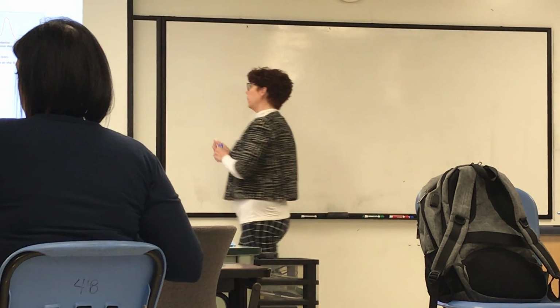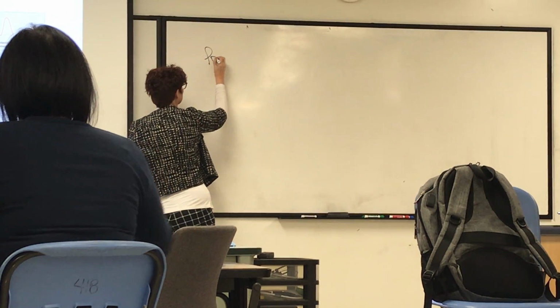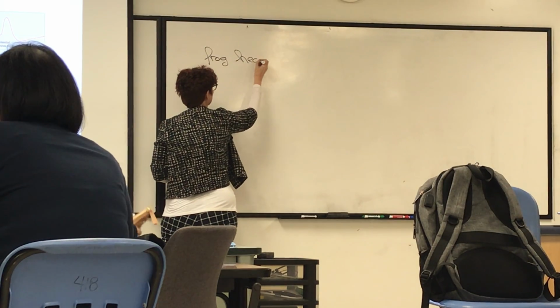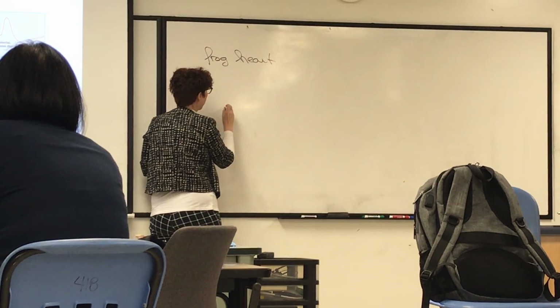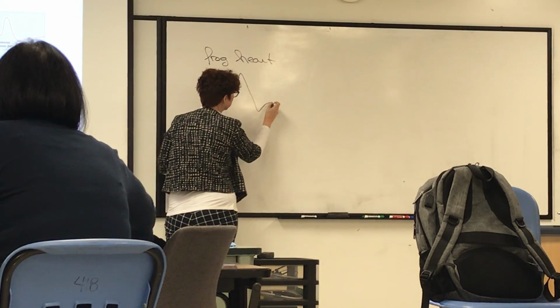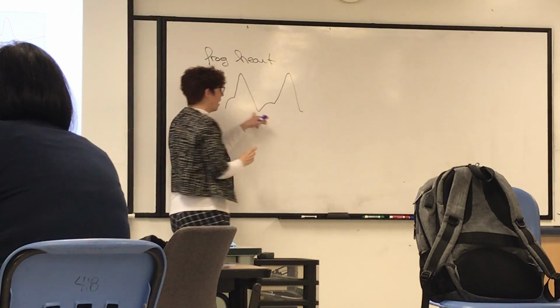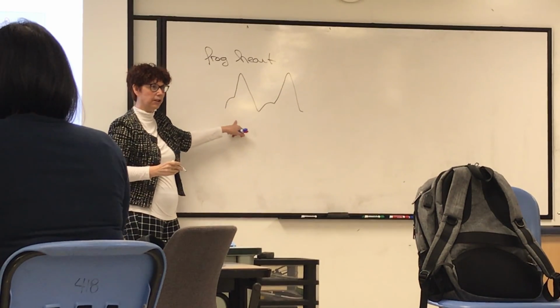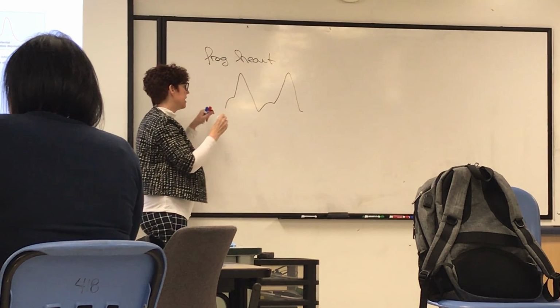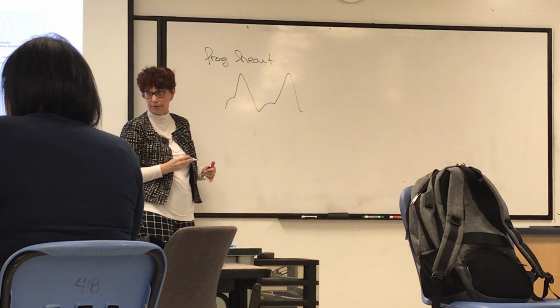So on the oscilloscope for the frog heart, when you see cardiac contractile tracing, this is not a change in action potential or a graded potential, all right? This is force of myocardial contraction.